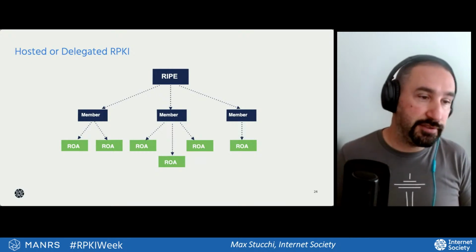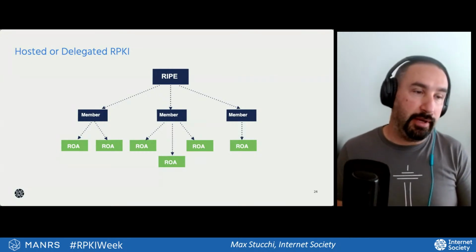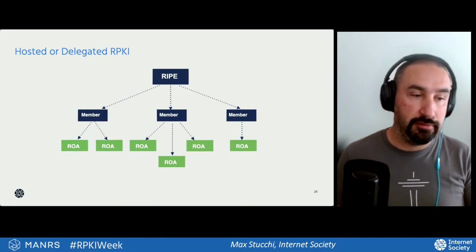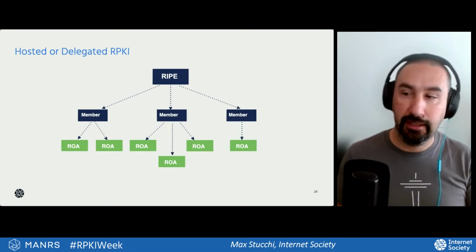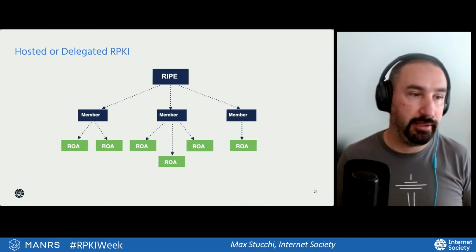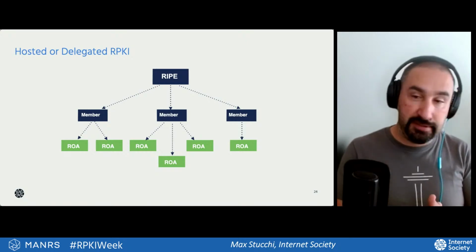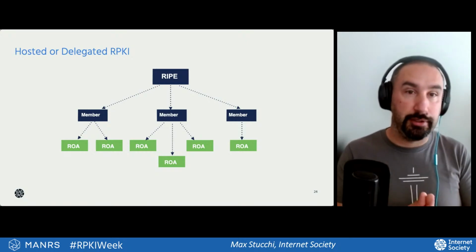The system can be used in two ways. You as a member can either go for a hosted version of RPKI or for a delegated version of RPKI. When it's hosted, it means that RIPE NCC does everything for you.